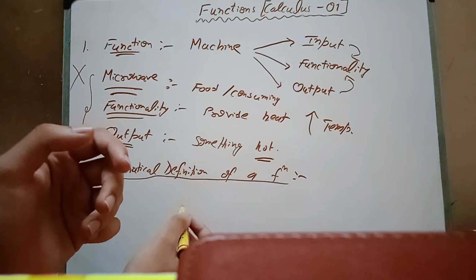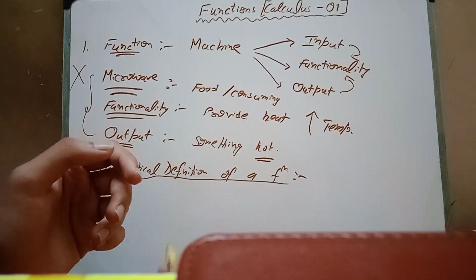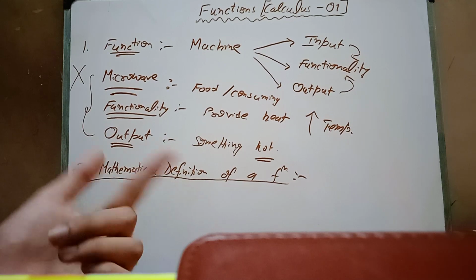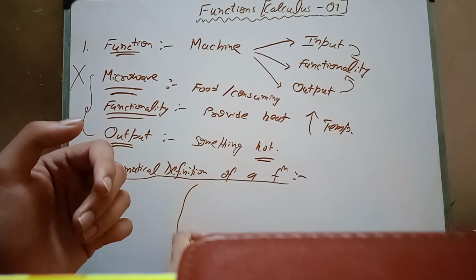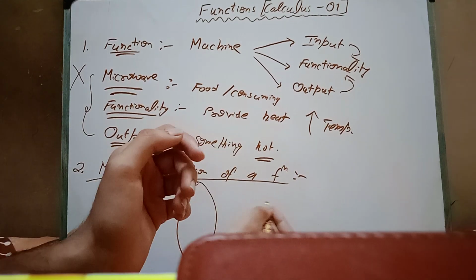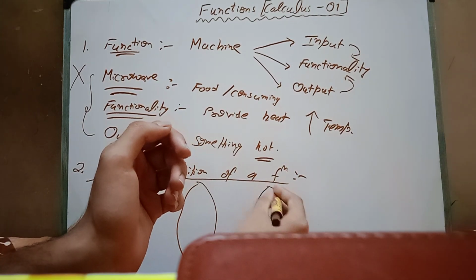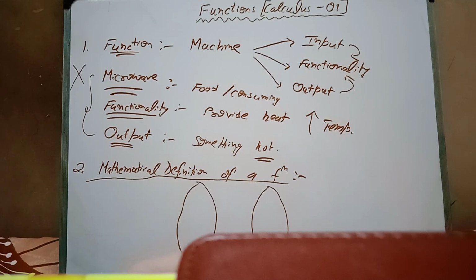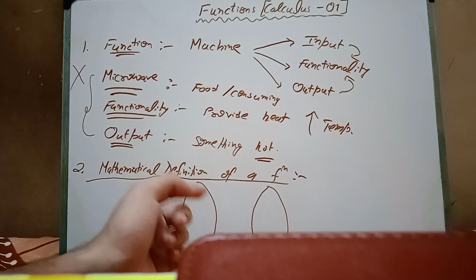So let's say there are two sets, set A and set B, and let me draw the elements of these sets in an arrow diagram. I hope you know what an arrow diagram is.